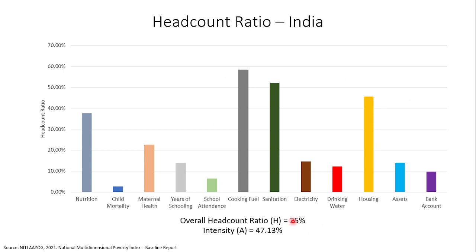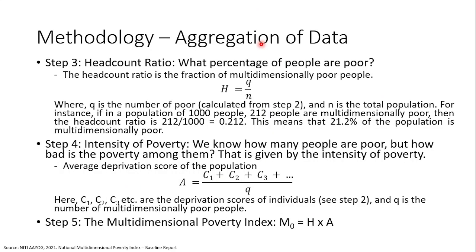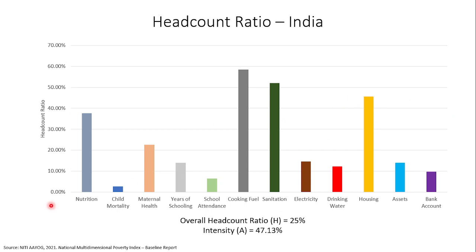Let's look at the head count ratio. That is how many people, or what percentage of people, are poor in India for each of the 12 indicators. You can see nutrition, for instance, about 38 to 40% are poor. Child mortality, it's very good actually, very close to 0%. Maternal health, again, more than 20%.